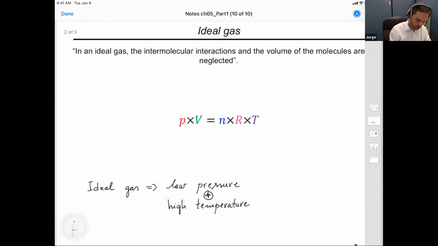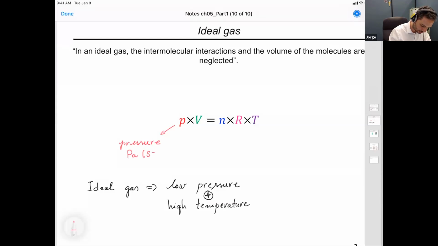Starting first with P. P is going to be the pressure of the gas. For the pressure of the gas, the unit in the international system is Pascal.